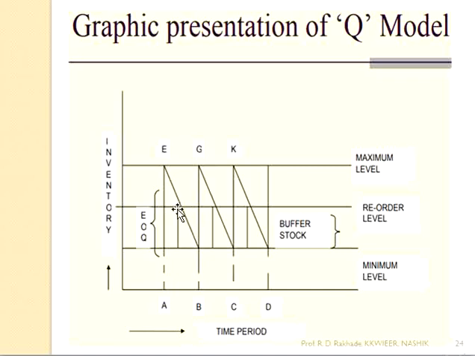This is the lead time from reorder to receiving time of the order. At that minimum level the company receives that inventory, stock is fulfilled again and the cycle is repeated. So in the Q model, we order at fixed time.